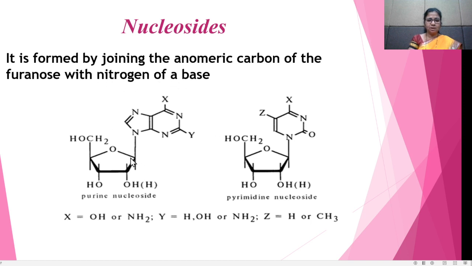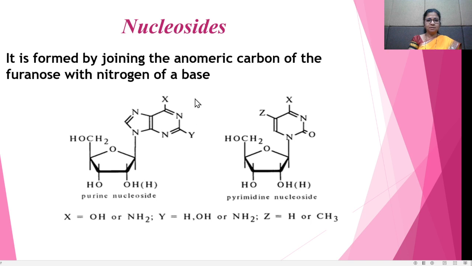This is the anomeric carbon atom of the furanose. Carbon number 1 is the anomeric carbon atom, and it is linked with this nitrogen atom of the base. That means sugar linked with a base is called a nucleoside.